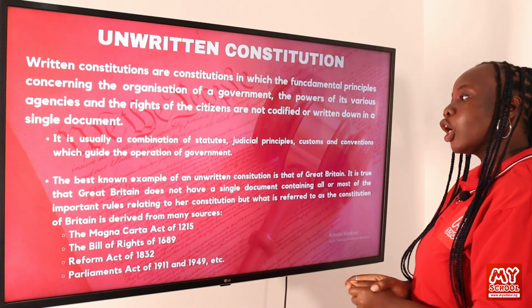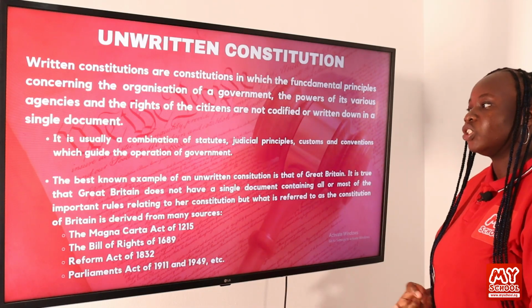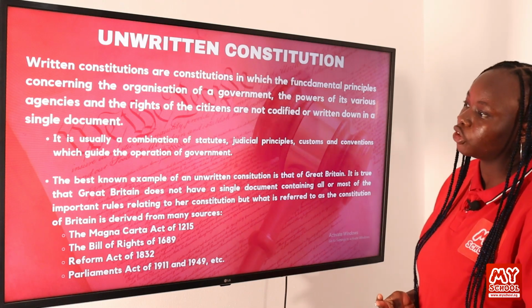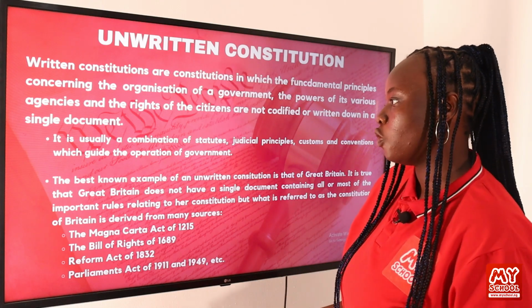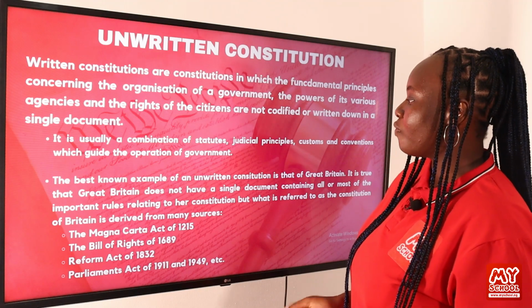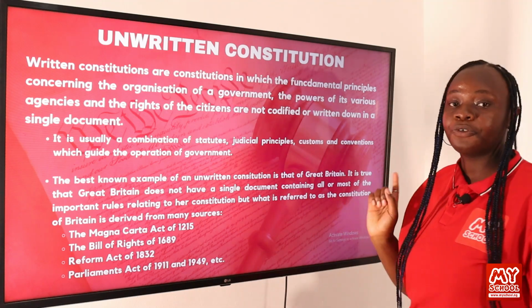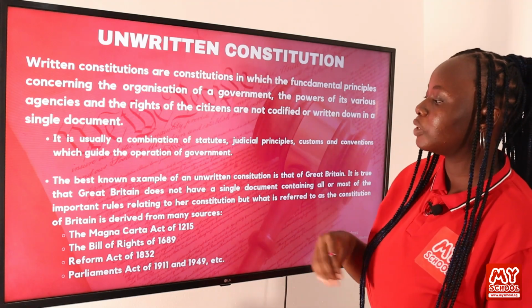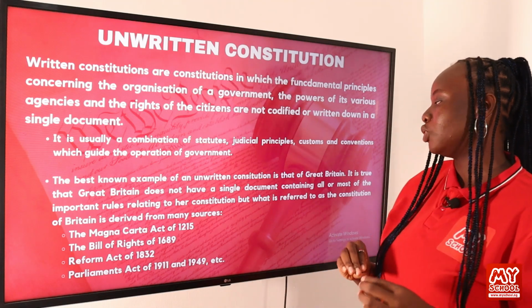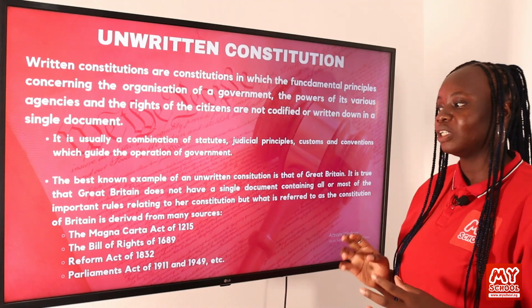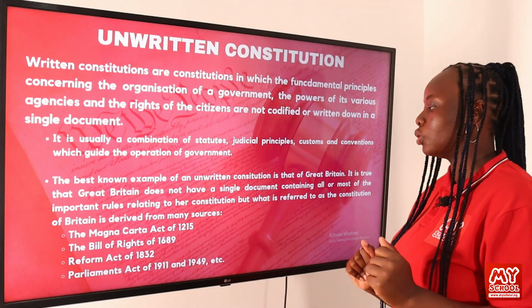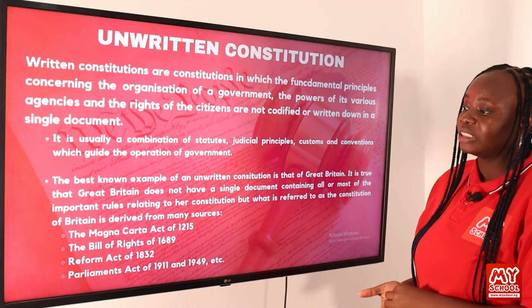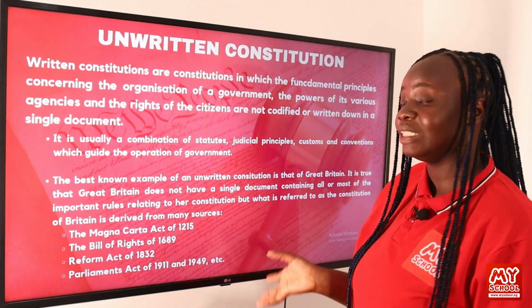Now let's move on to the next slide. All right, it is usually a combination of statutes, judicial principles, customs, and conventions which guide the operation of government. So the best known example of an unwritten constitution is that of Great Britain. It is true that Great Britain does not have a single document containing all or most of the important rules relating to her constitution, but what is referred to as the Constitution of Britain is derived from many sources.